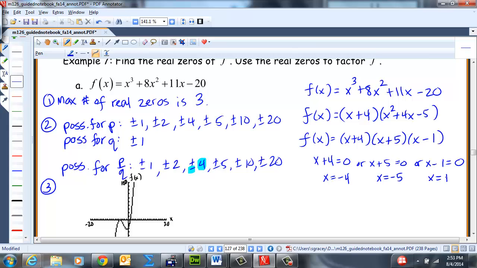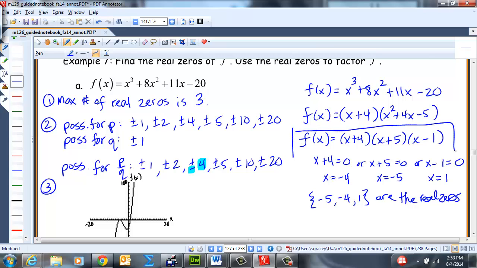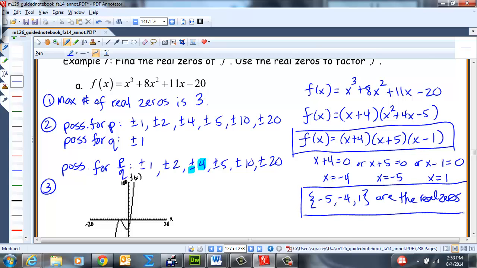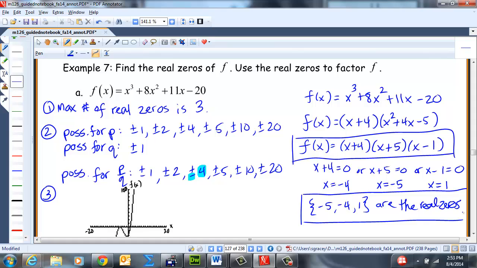So these are the real zeros. Negative 5, negative 4, and 1 are the real zeros. And this is the factored form. It's fully factored. Okay? Awesome. All right.